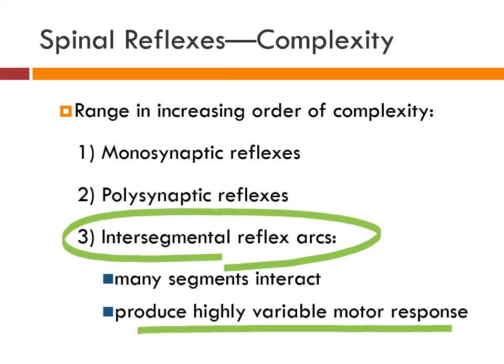So monosynaptic, there's going to be no variability. Every time it happens, you have the exact same response. Polysynaptic, pretty similar. You're going to have about the same response every time. Intersegmental reflex arcs, the response is going to be much more variable because there are so many different moving parts to an intersegmental reflex arc.